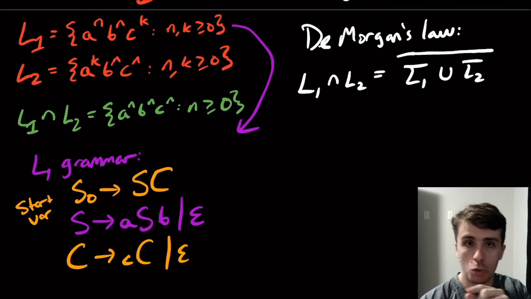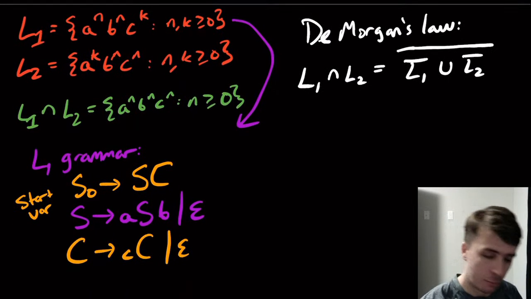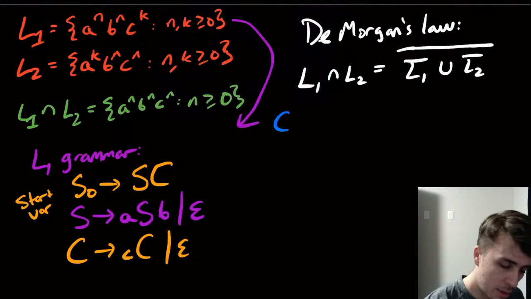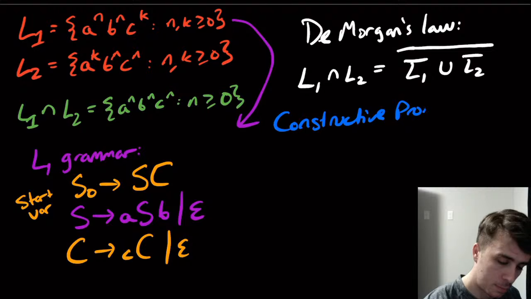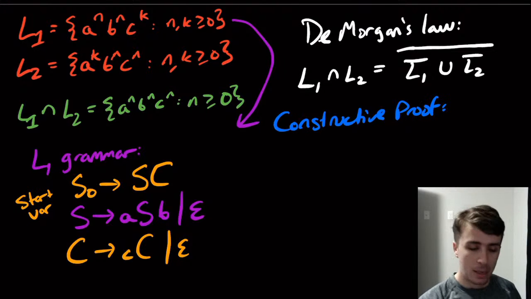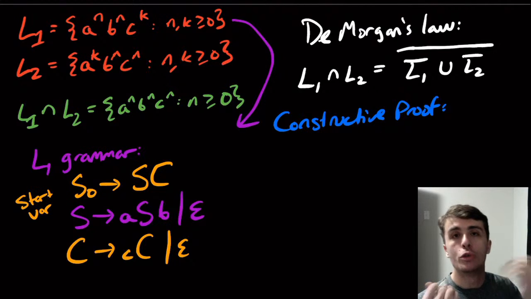But I want to do a constructive proof, which means that this tells us that there exist languages whose complements are not context-free.